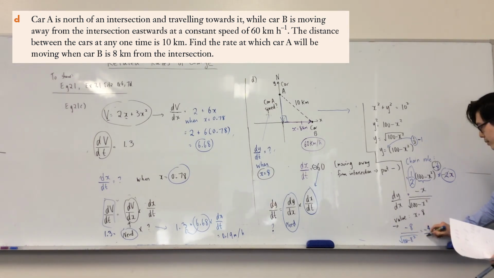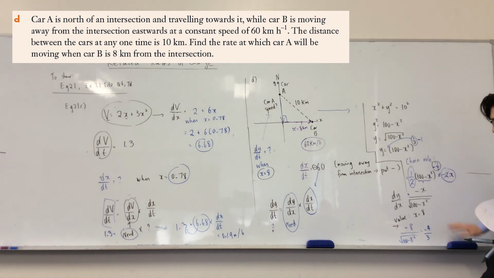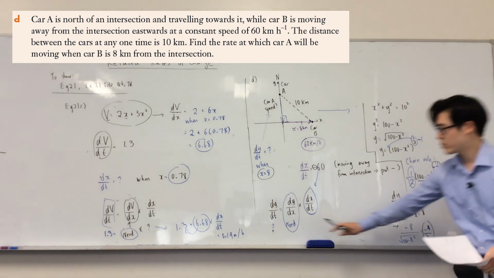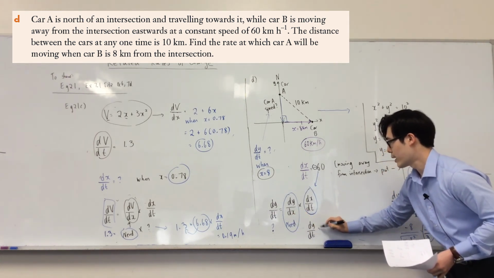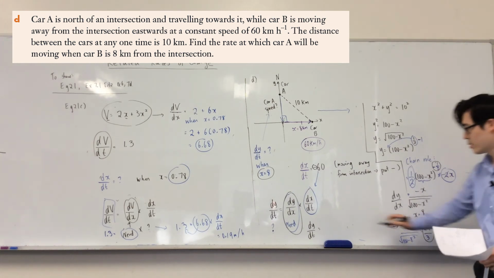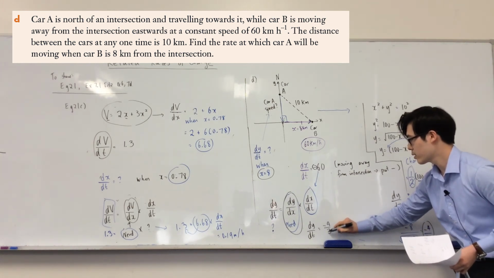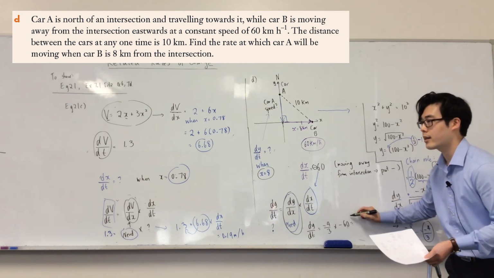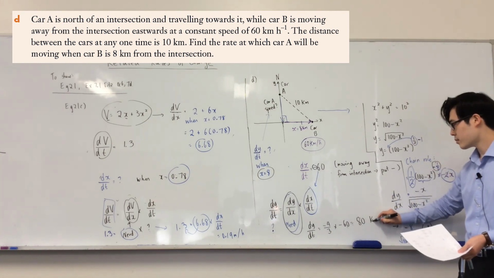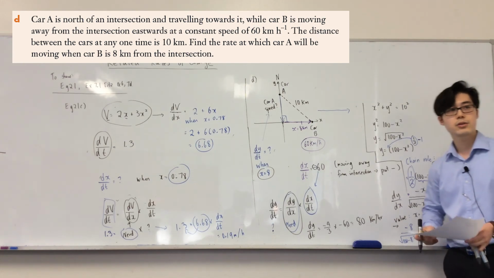All right, so what are we doing now? Yeah, that's right. So we want to answer now dy over dt. So what's my value for that? Minus 4 over 3 times by minus 60. And if you put that in your calculator, that's your answer. Okay, isn't that cool if you think about it?